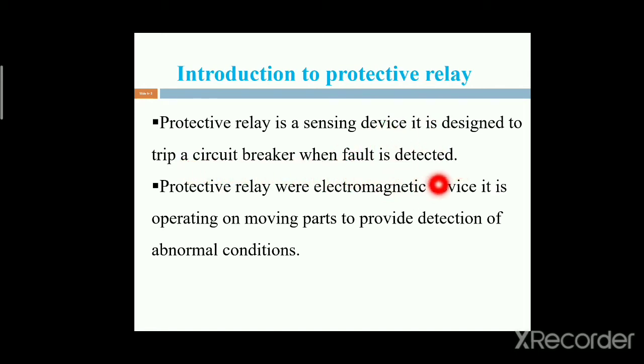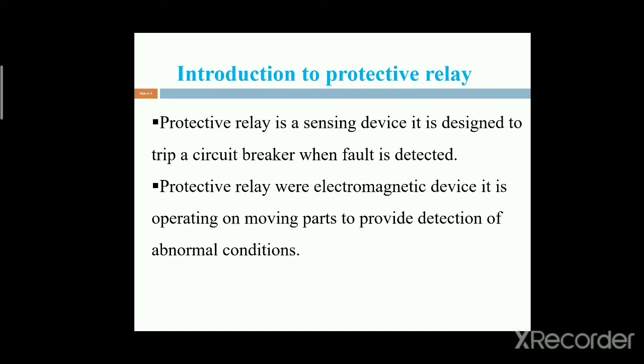If any fault is detected in the power system or a line, then the protective relay automatically trips the circuit breaker, or it gives an alarm signal to that circuit breaker. Then the breaker may be operated.